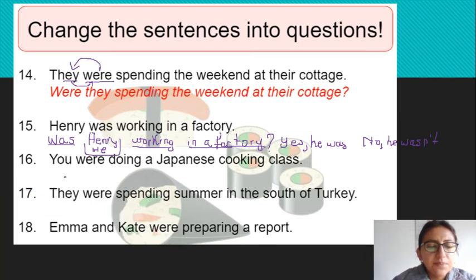Exercise number 3. You were doing a Japanese cooking class. The question, how would it be? Okay. Were you doing a Japanese cooking class? Okay?